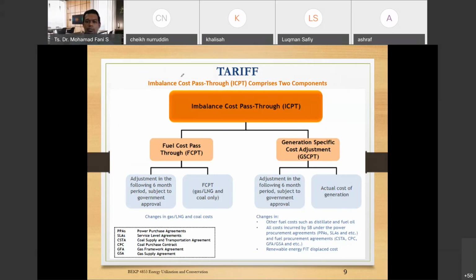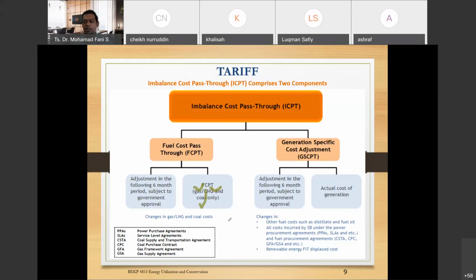ICPT, imbalance cost pass-through, has two mechanisms. The first is adjustment in the following 6-month period, subject to government approval. So every 6 months they can review the price for coal, LNG and gas.